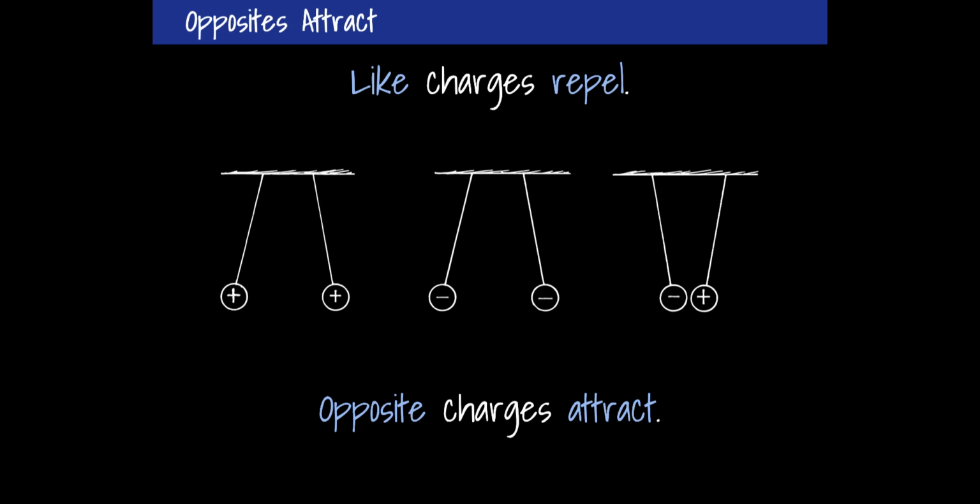If I have two positive charges in the vicinity of each other, as I see here in the leftmost diagram, those charges repel each other. You could say the inverse, that like charges repel. Whether they're positive and positive or negative and negative, they repel in both of these situations, as we can see from their deflection from the otherwise vertical.